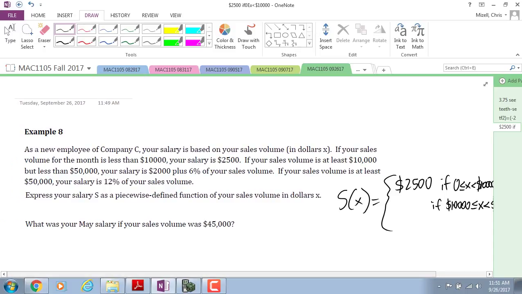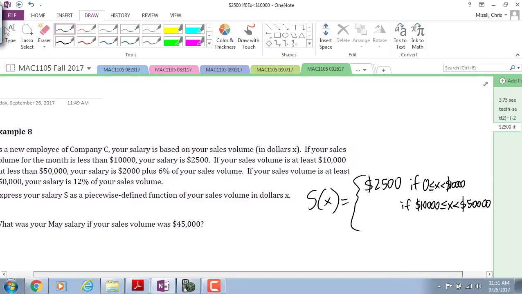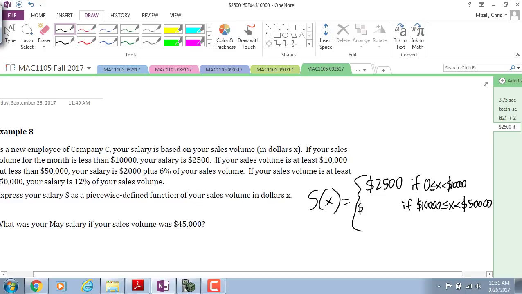Your salary is $2,000 plus 6% of sales. So $2,000 plus 0.06x. Does that make sense?